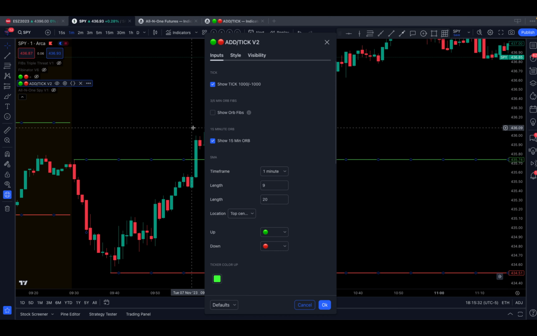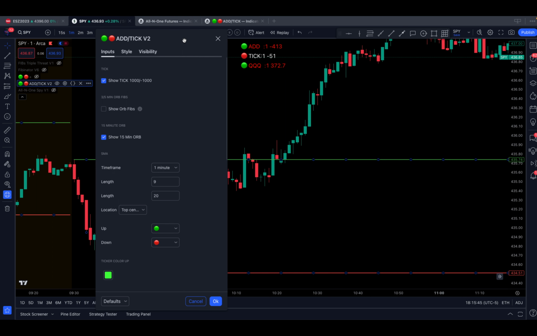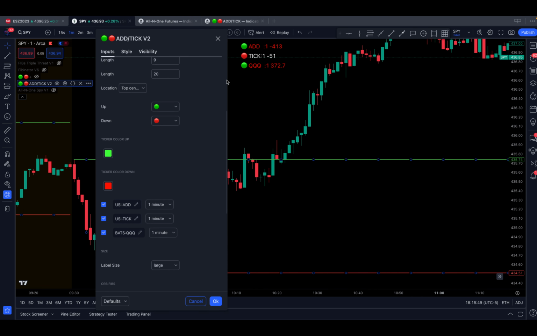Also, the way it's set up, if you look at the inputs here, it says the SMA time frame. So I have it set for the 9/20 crossover on the 1 minute time frame. So currently the bubbles here are set for this time frame. So whatever time frame is beside the ticker, on the 1 minute, this is green. The ADD is green.